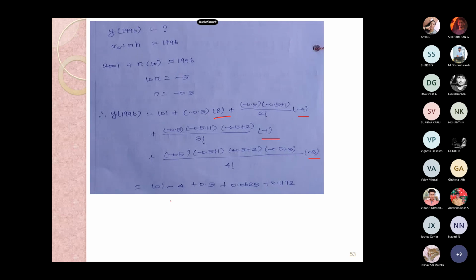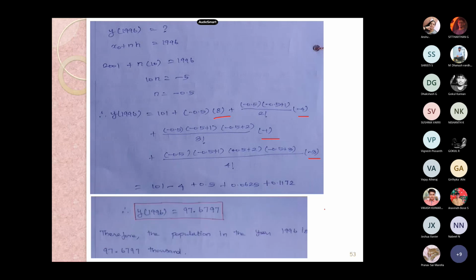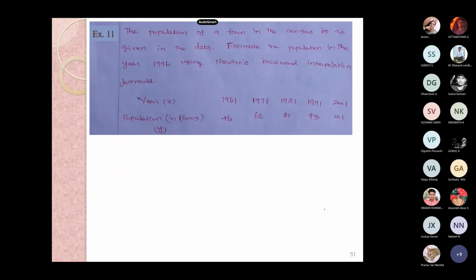We get 101 minus 4 and 0.5 plus 0.0625 plus 0.1172. So the answer is 97.6797. Therefore, the population in the year 1996 is 97.6797 thousands. It is in thousands.